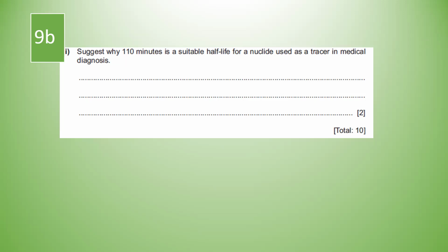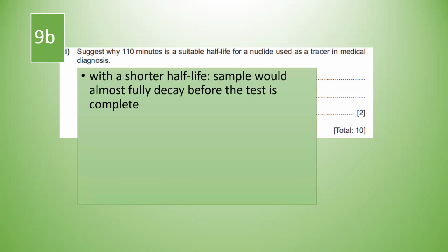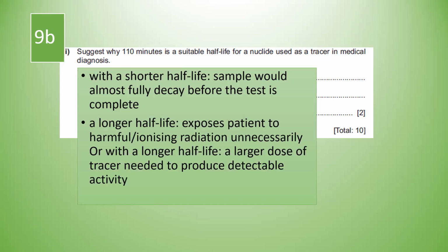It is 2 marks, so make sure you have 2 points. A shorter one will decay before the test is complete. Okay, you mentioned short and long. For a short half-life, the sample would almost fully decay before the test is complete, so of no use. A longer half-life exposes the patient to harmful ionizing radiation unnecessarily. Or alternatively, with a longer half-life, a large dose of tracer needs to be produced for detectable activity.